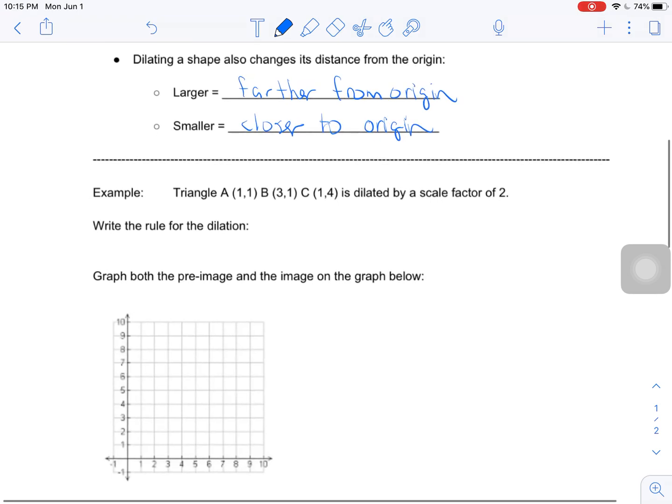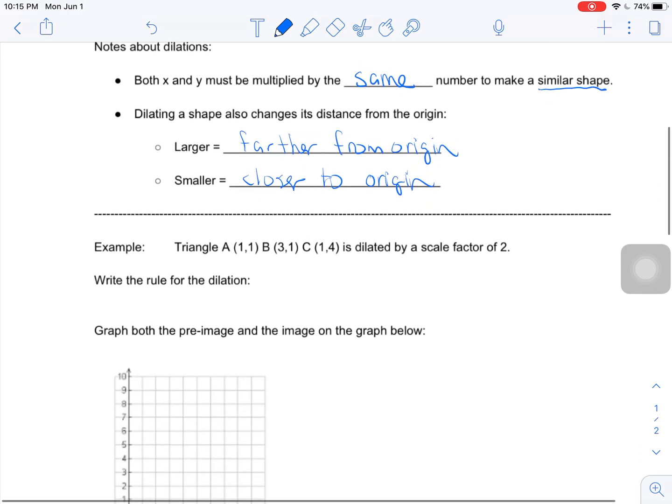So just to summarize some ideas, we're going to look at an example problem. We have a triangle, ABC, and it's dilated by a scale factor of 2. The very first thing we're being asked to do is write a rule for the dilation. So we're going to use our notation for that. Our notation always starts with the x and y that represent the original coordinate, and then the arrow that basically says do this.